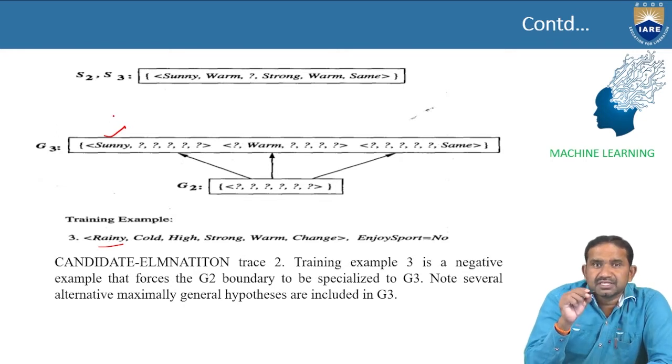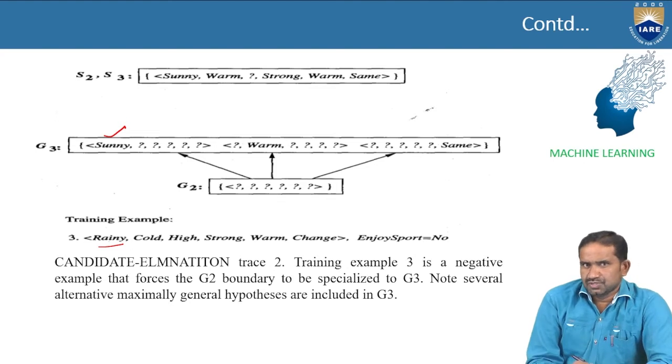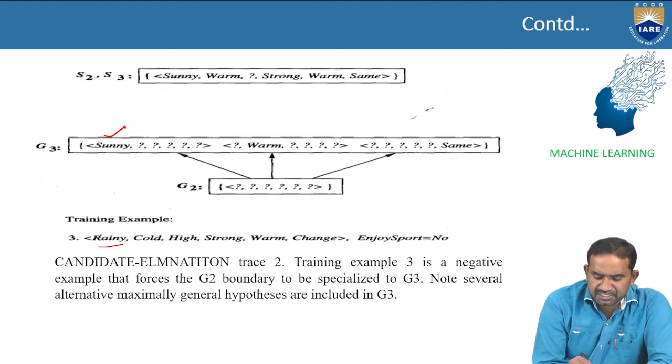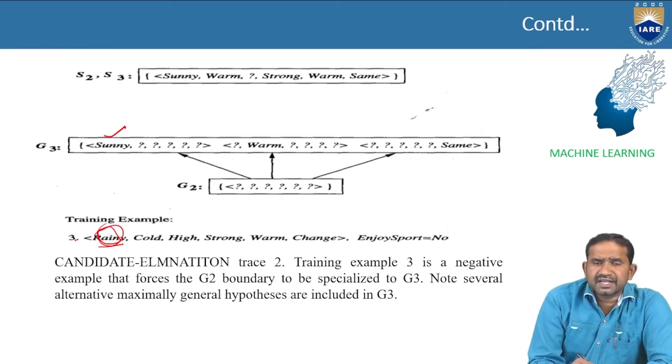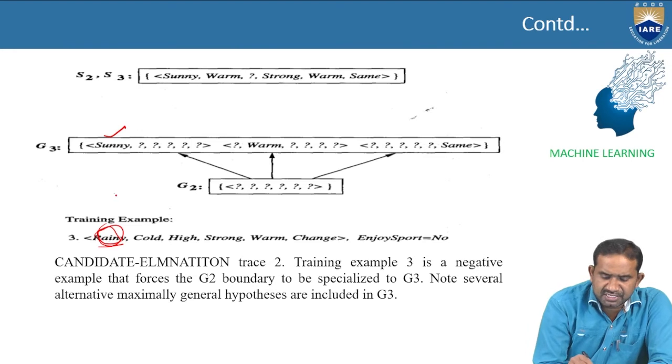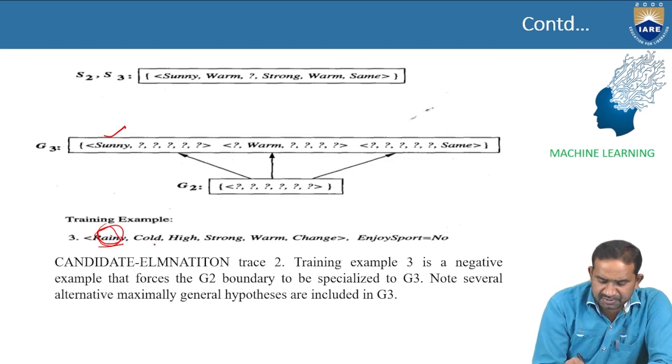We start from the generalized one and try to make it more specific. The remaining are all question marks, because you don't consider them. Next, the second one: here it is cold.